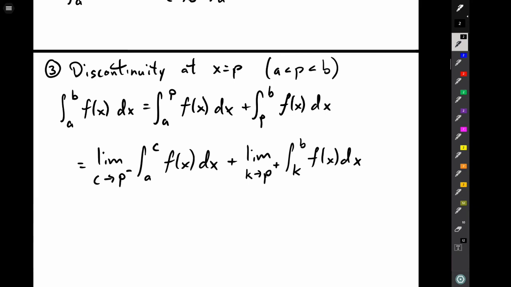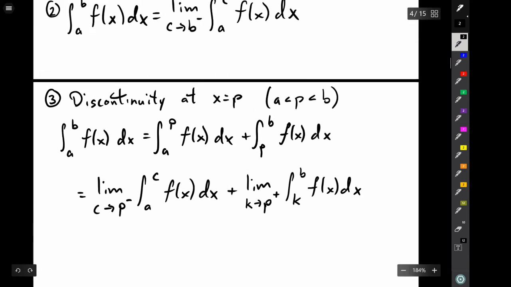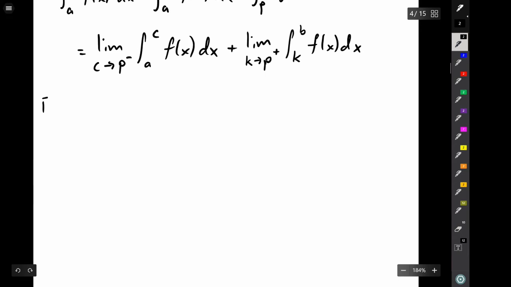As an example of that, I'll just do one example this time to keep it simple, since they're all based off the same idea. Let's look at the integral from 0 to 1 of, it's a good one, 1 over square root of x dx.